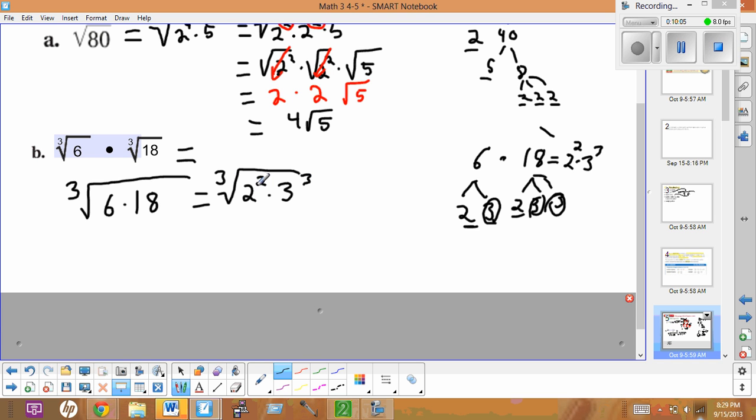Notice, again, I'm looking for our powers to match our index. In this case, our index is 3. So if I have a power of 3, I can simplify it or move it to the front. So rewriting using the properties of exponents, I'm going to write our 3 cubed first. So this is the cube root of 3 cubed times the cube root of 2 squared.